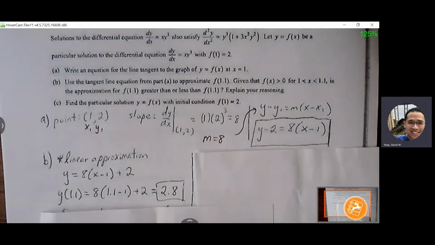Okay, so we should get 2.8 after we take that 1.1 and insert in for the x.